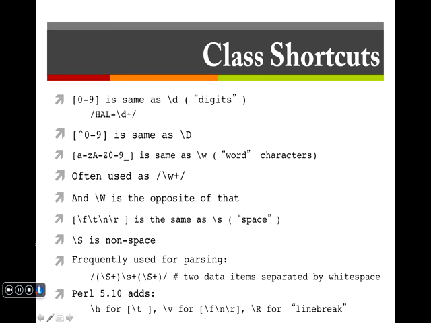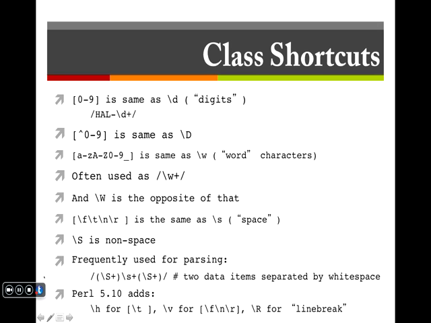What are word characters in Perl? It's lowercase a to z, uppercase A to Z, the digit 0 to 9, and the underscore is included. Remember, because it's used in defining any word. It is often used with a plus because you don't want to match only one character but more than one character. The capital W is the opposite, so anything except those characters that we just mentioned.